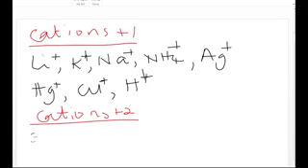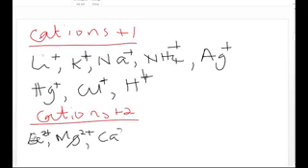I don't know why my pen is trying to disappoint today. Beryllium is 2 plus. Let me use my hand then. We have Mg 2 plus, Ca 2 plus. This is beryllium ion, this is magnesium ion. Let me write that, Mg 2 plus.